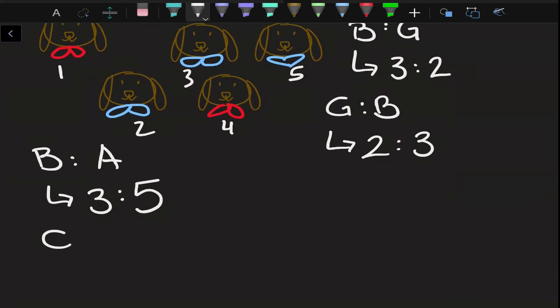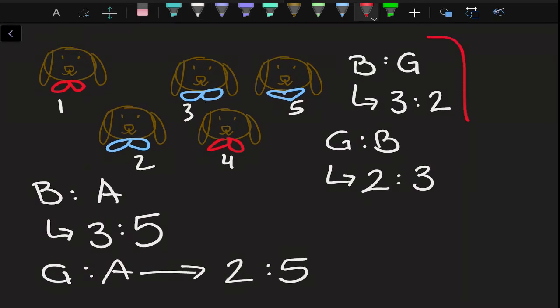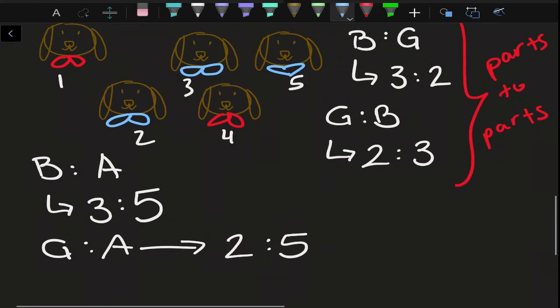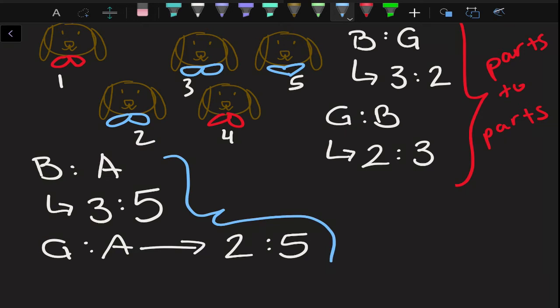And if I want the ratio of girls to all, that is 2 girls to 5 dogs. So that again is comparing our parts to the whole. Instead of over here, we're comparing parts to parts. Parts to parts. And down here we are comparing parts to whole. Okay?